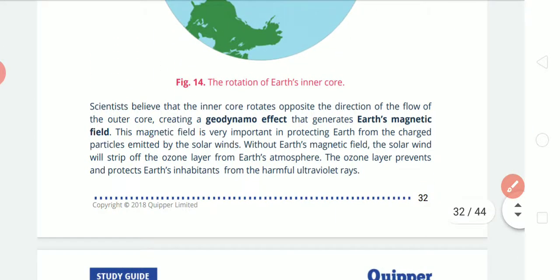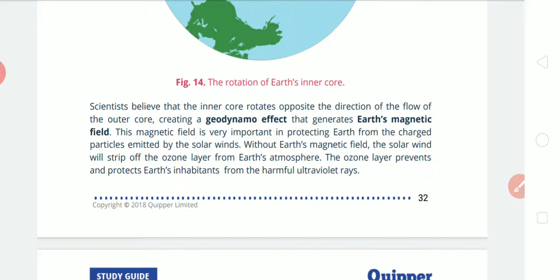Okay, so scientists believe that the inner core rotates opposite the direction of the flow of the outer core. Bali class, si outer core and si inner core naga-rotate din na sila. So bali katong liquid state sa outer core, constantly na siya naga-move. Since naga-rotate man ang outer core, same thing also goes for the inner core.